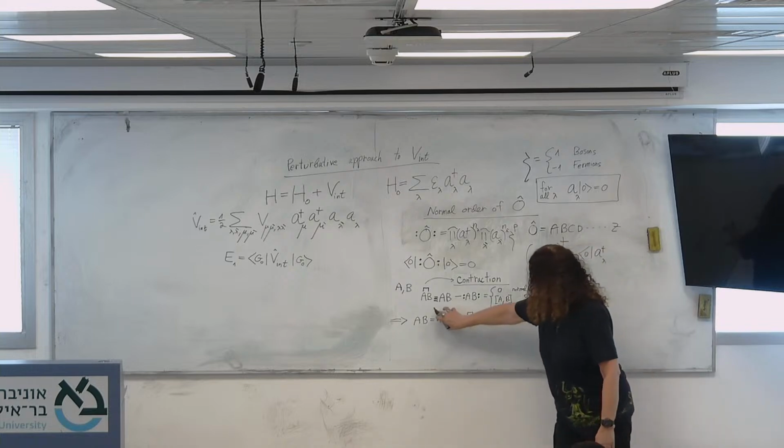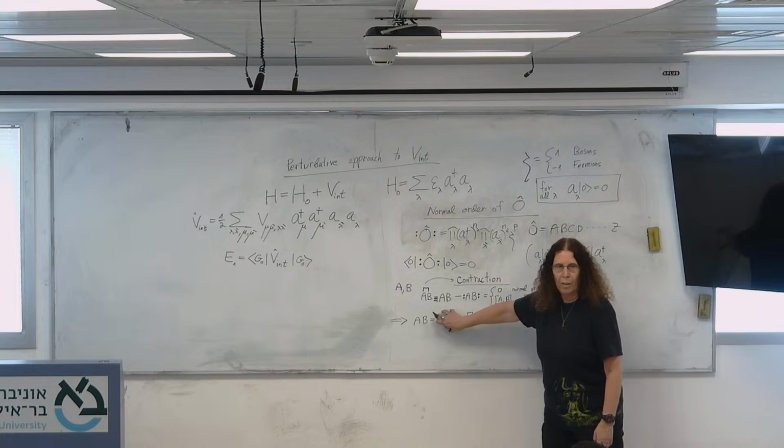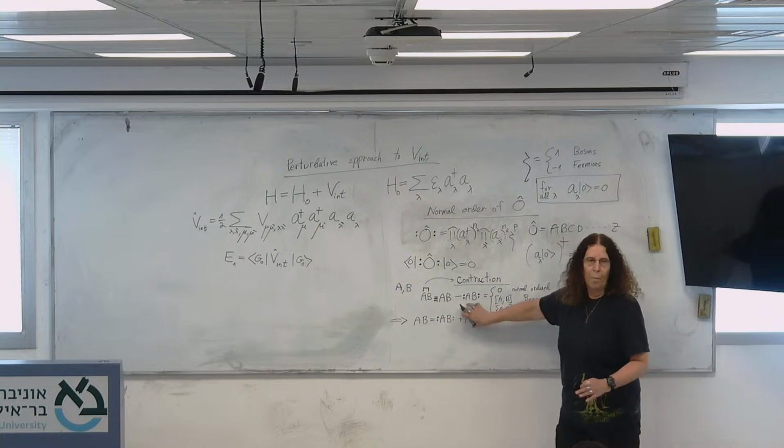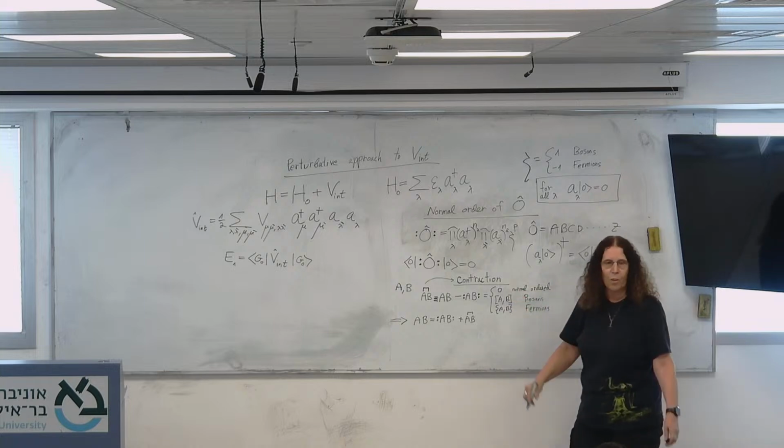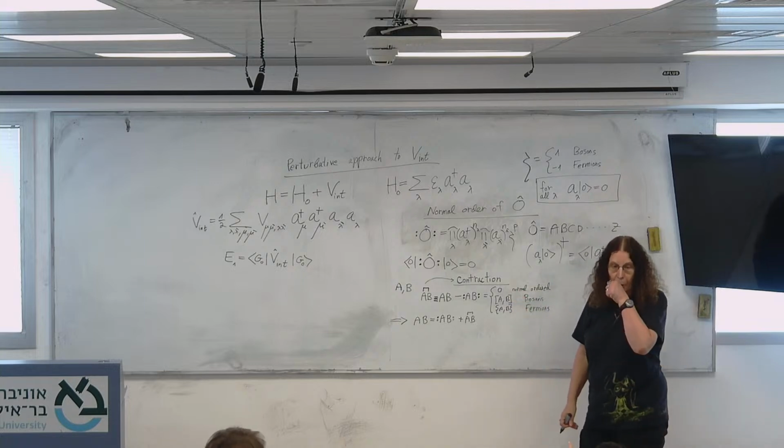Now, the normal order of AB is still an operator, and this is some constant, some number, okay, which is either 0 or 1, essentially, in most cases, yes?